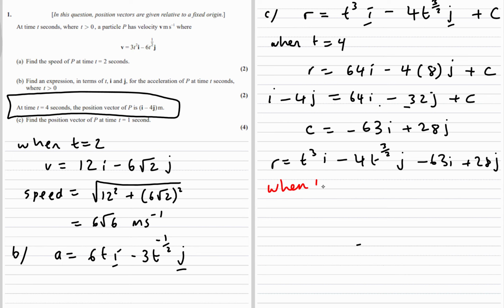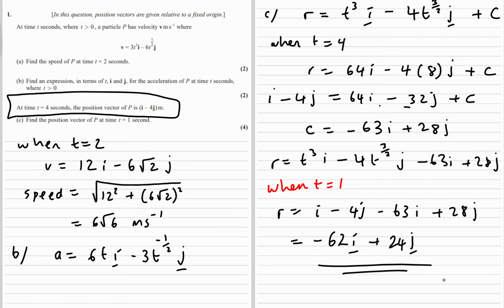So when t is 1, r will be 1 cubed, which is 1, so 1i, minus 4 times t to the power 3 over 2, which would be 4j, minus 63i plus 28j, which is negative 62i plus 24j.